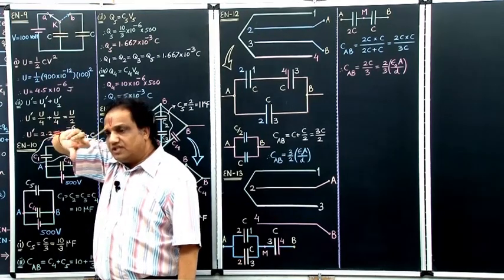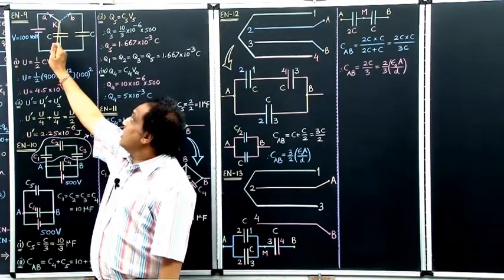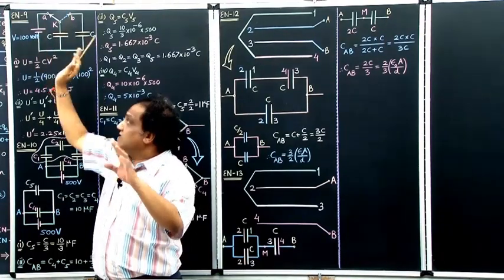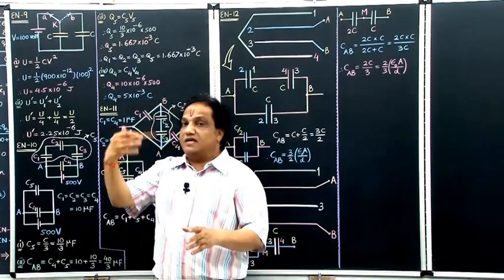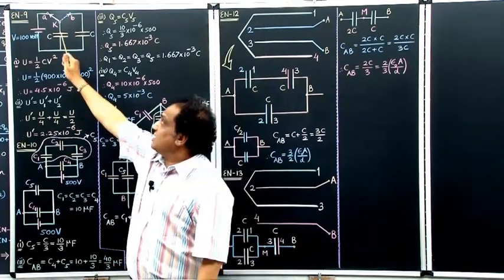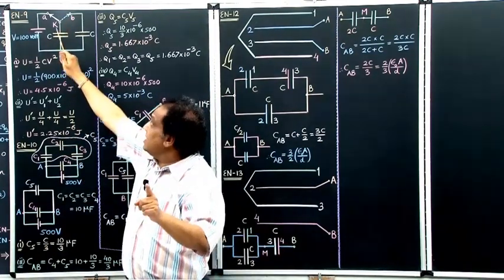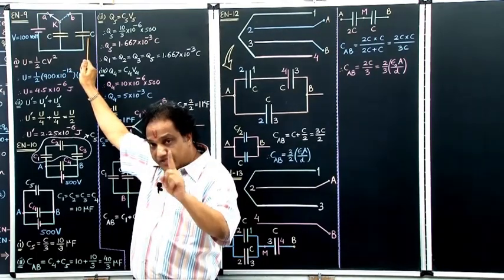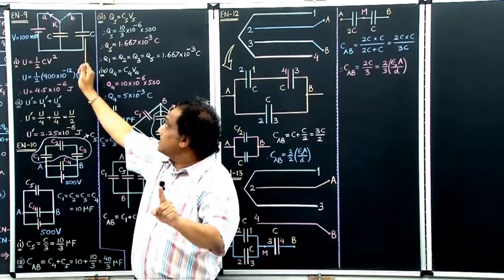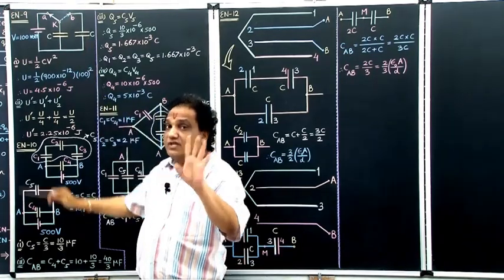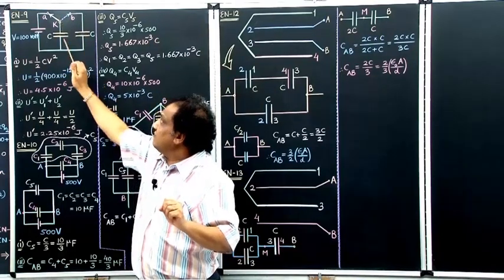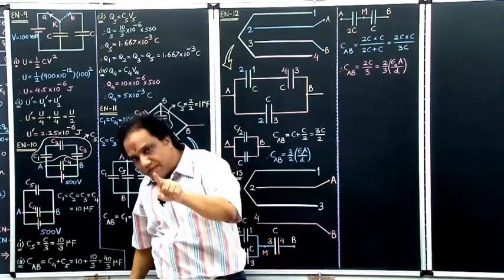So we just change the position of that key, and now as soon as this point is connected here, you can see battery is removed from the circuit, and this charged capacitor is connected in parallel across another capacitor having same capacitance, correct. This capacitor, when it is connected, it was initially chargeless. Now this charged capacitor is connected in parallel with another capacitor having same capacitance.